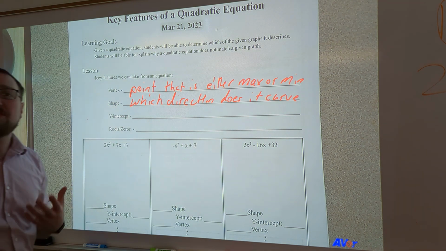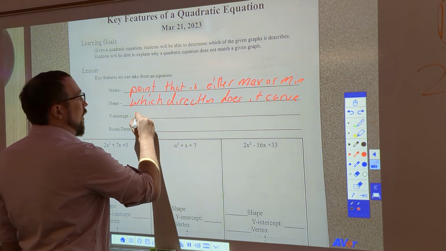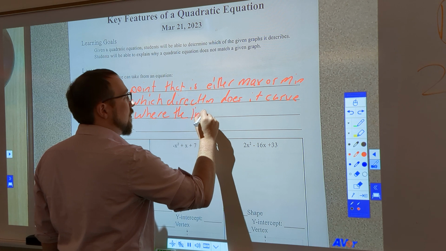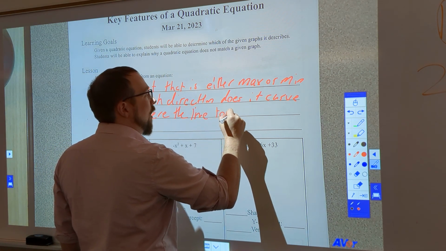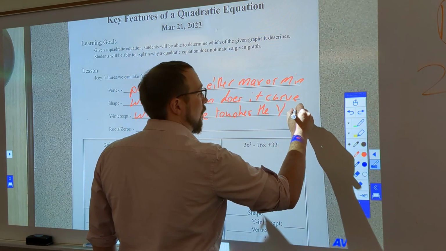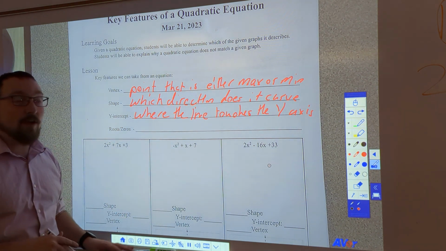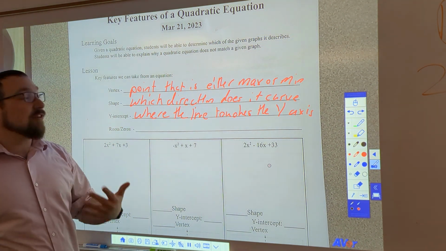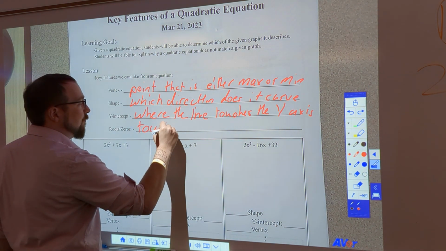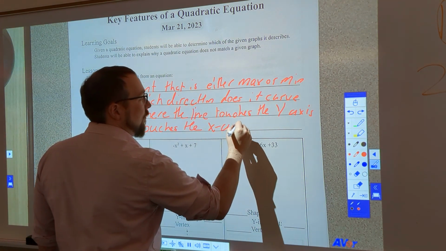The y-intercept, just like with linear functions, is where the line touches the y-axis. And the roots, or zeros, are just other words for the x-intercepts, which is where the line touches the x-axis.